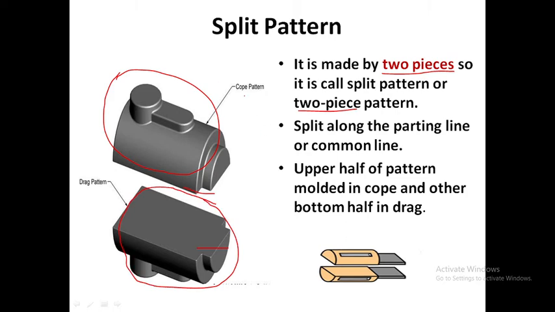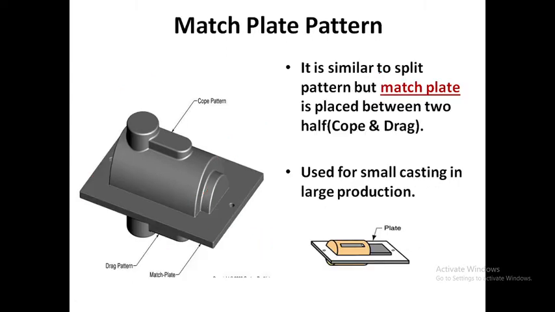That means if a component is there, it can be manufactured by a split pattern. This pattern is divided into two parts, and as we have seen in the video, by using this split pattern the casting can be done. This split pattern is also widely used.